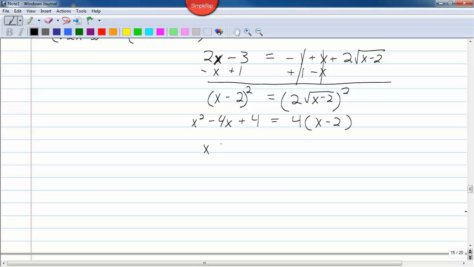Alright, so x squared minus 4x plus 4, and I'll multiply this in. That's going to be a 4x minus 8. So equals 4x minus 8.